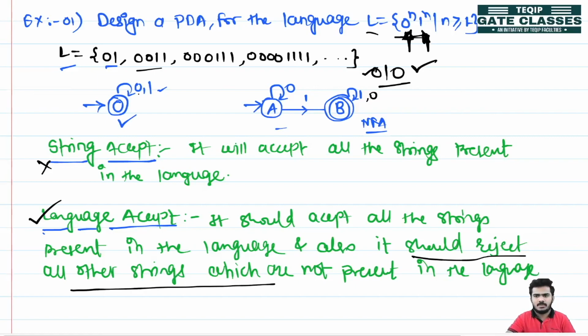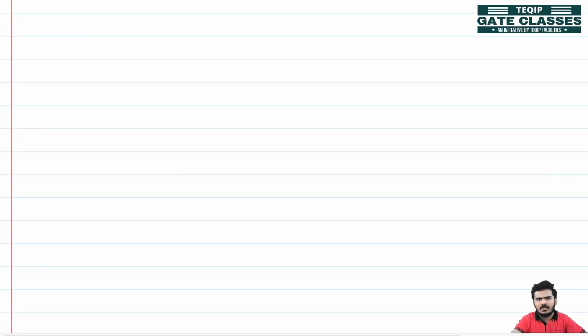We will solve this example using the pushdown automata. In this we have to build a logic, because we have one stack. So by using one stack we have to solve this example. Basically we have the language; I will write the language here: 0 1, 0 0 1 1, triple 0 triple 1, many other strings like this. We can see that once the zeros are over, then the ones start occurring, and we have to match whether zeros and ones are equal, only then will we accept.